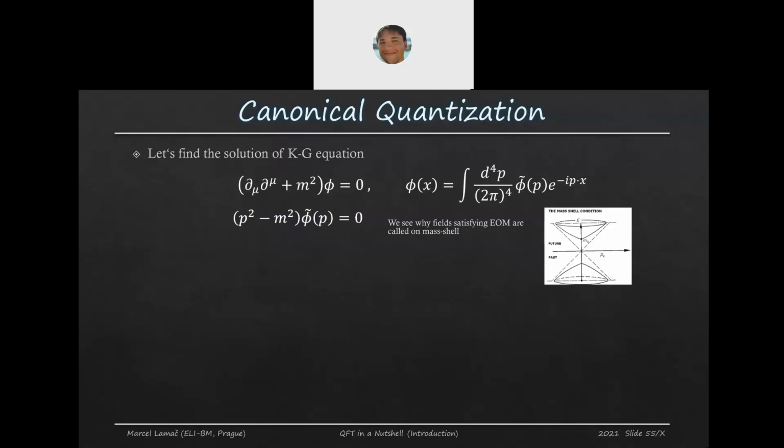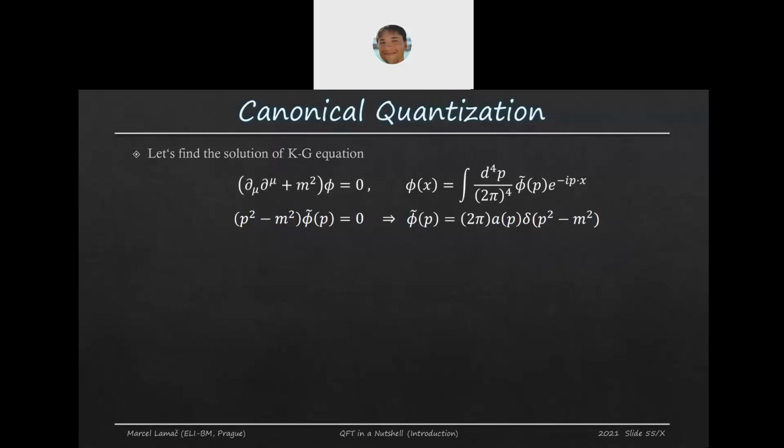The momenta must satisfy this relation: p squared must be equal to m squared. So the solution to this can be written simply as some function depending on p and a delta function that assures that the on mass shell condition is satisfied.